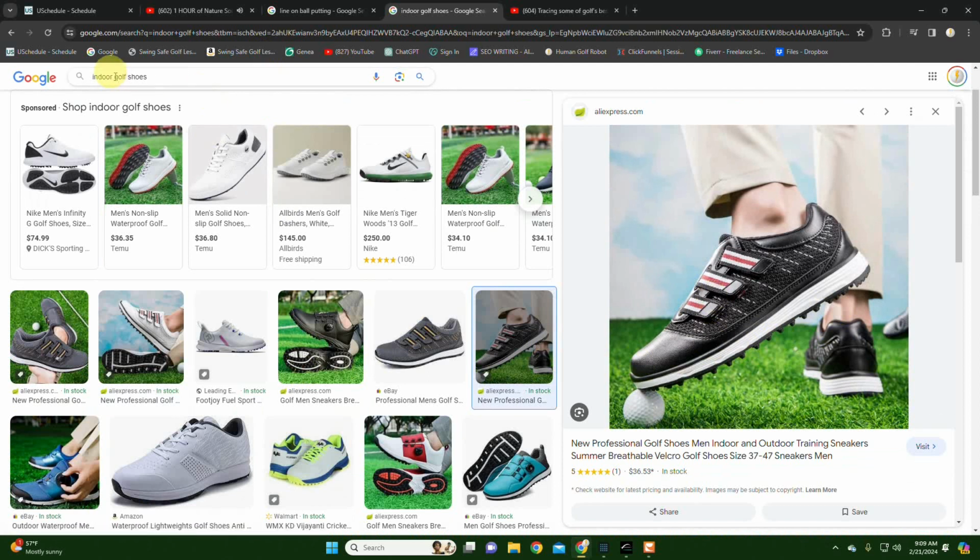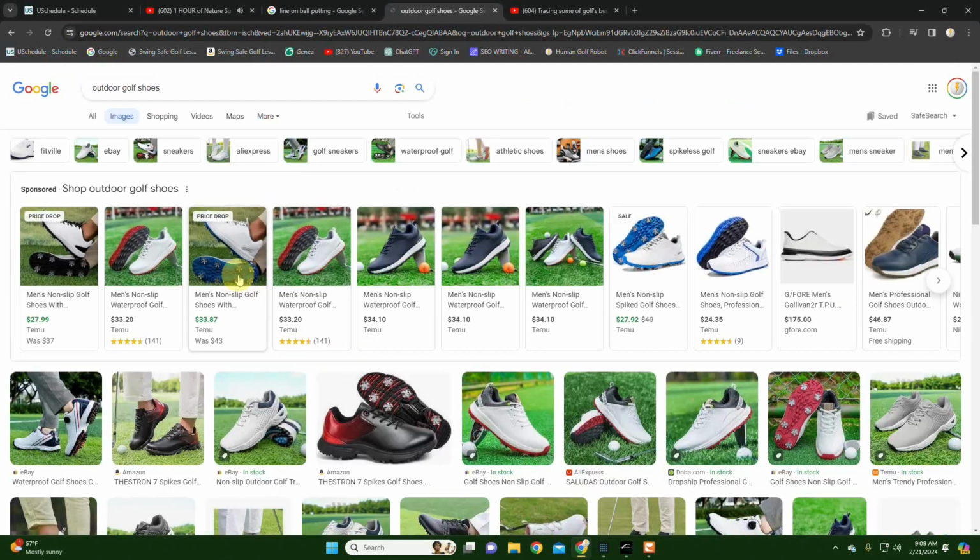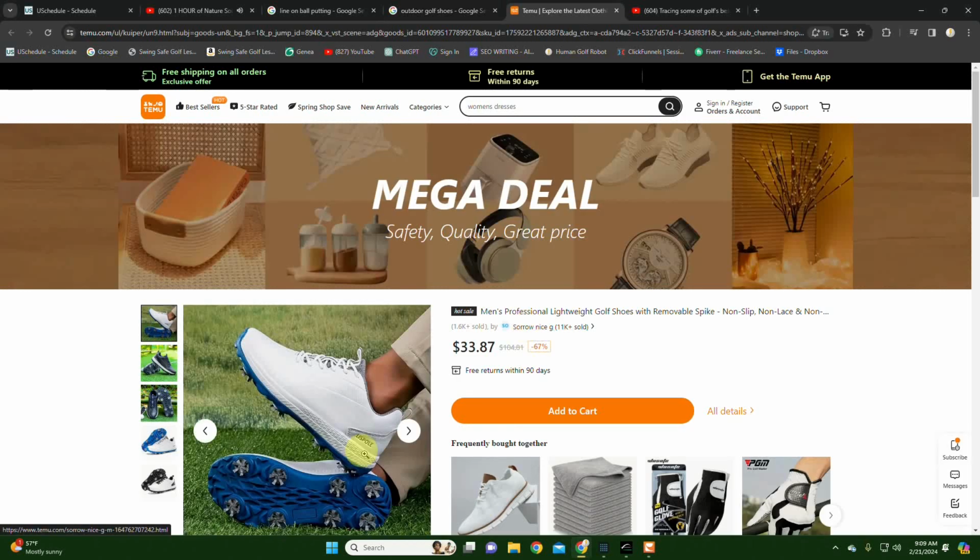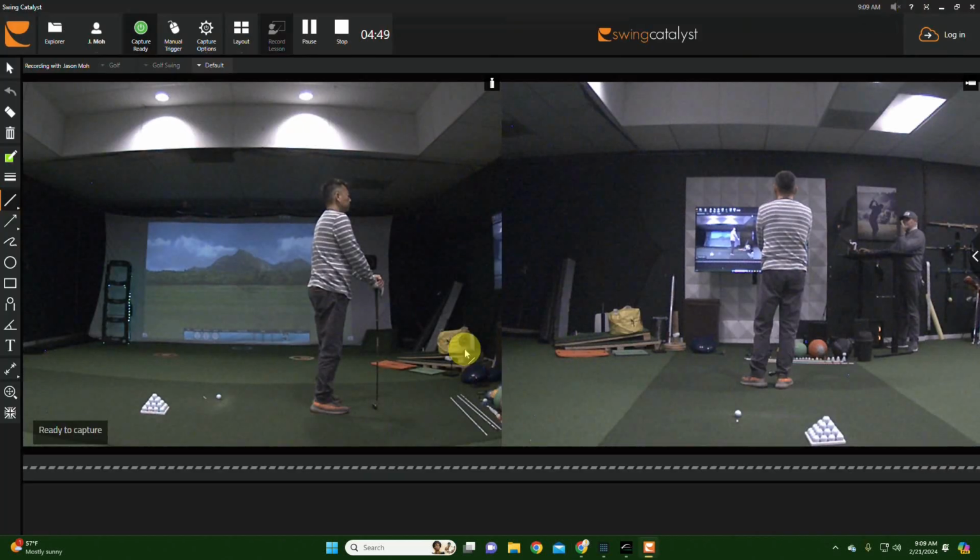And then if you search for outdoor golf shoes, outdoor golf shoes have spikes like this, right? And so it's important that you wear the right footwear, because I put your foot slipped because you were wearing the wrong shoes. And then lastly, we'll have to cover your distances from 0 to 100 yards to get closer to the hole.